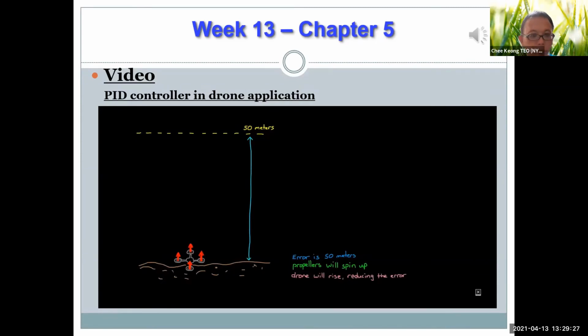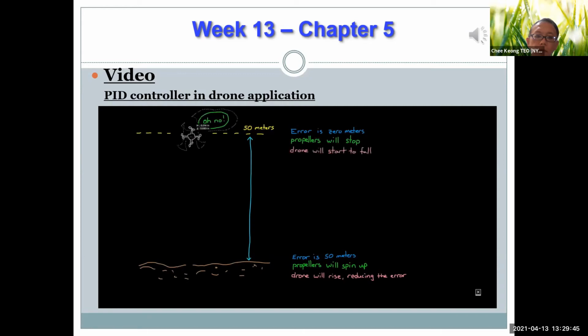So far, so good. But let's imagine the drone was able to rise all the way to 50 meters. What would happen now? Well, the error would drop to 0 since the command and the output are both 50 meters. This would then shut off the propellers, lift would stop, and the drone would fall back to Earth.